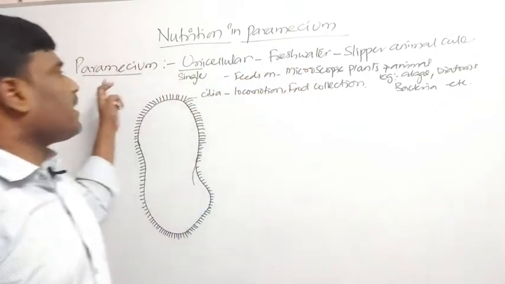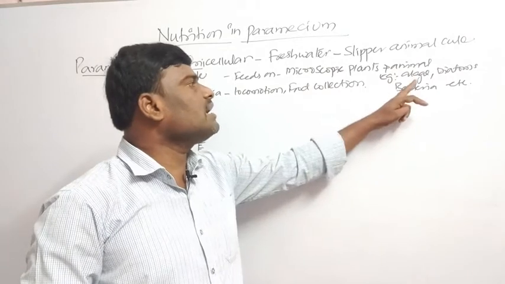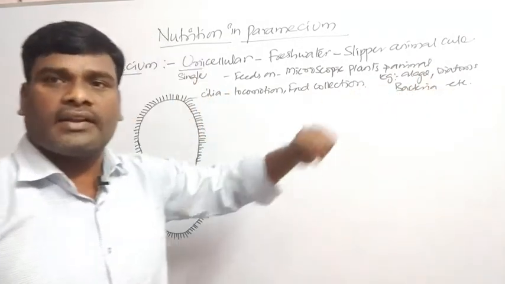So this Paramecium feeds on what? Microscopic plants and animals, such as algae, diatoms, as well as what, children? Bacteria, and so on.